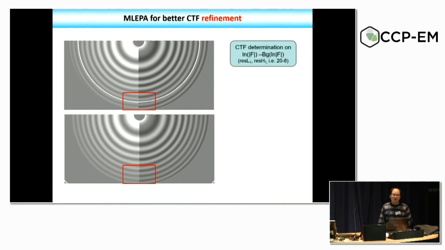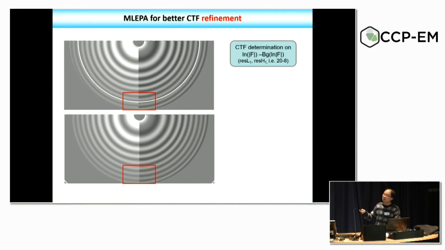But in addition to the diagnosis, we can actually still apply it for better refinement. Because we see the difference, why not apply this difference to correct our estimation? That's my approach for further refinement after equal phase averaging.